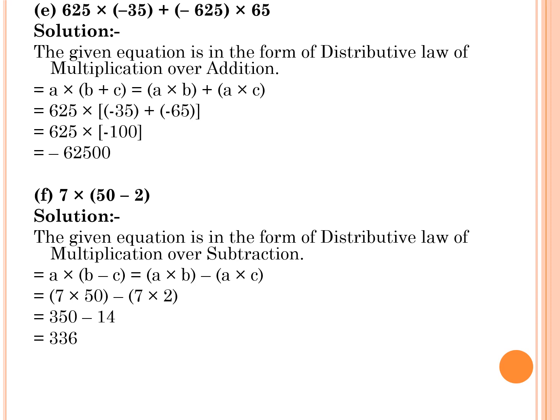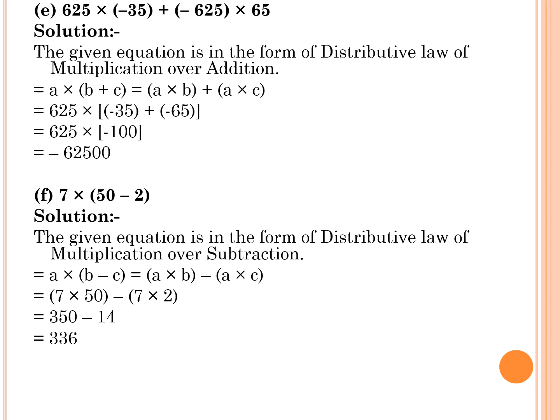A into (B plus C) gives you A into B plus A into C. Let us consider A as 625, B as minus 35 and C as minus 65. 625 into (minus 35 plus of minus 65) can be grouped together to form zeros, that is 625 into minus 100, which gives you minus 62,500.